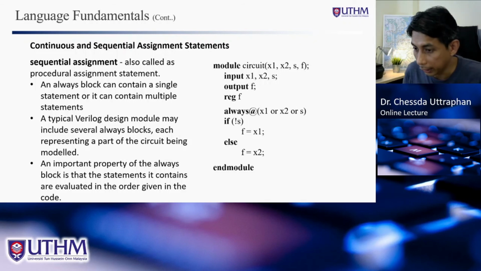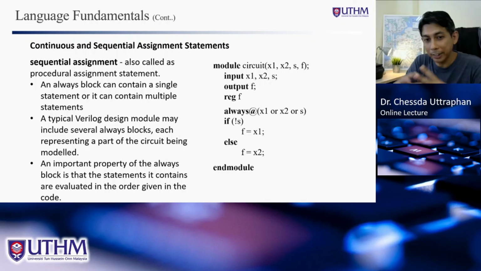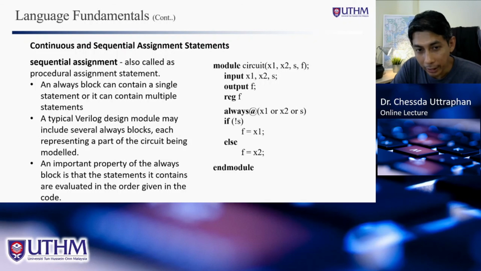Because normally in design we don't have the circuit, but we want to design the circuit. We only have the specification, how the circuit behaves. And the good thing is that we can describe that behavior in Verilog and let the computer generate the circuit for us. So that will be the important thing.